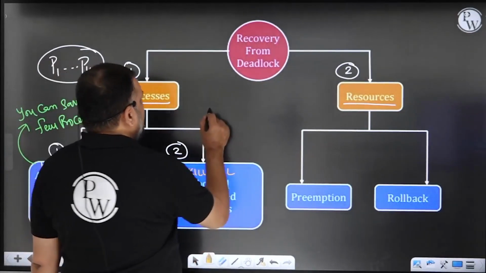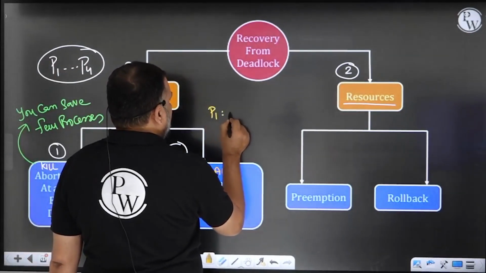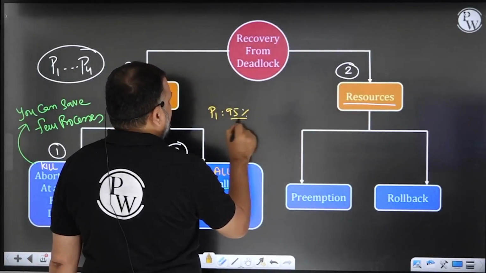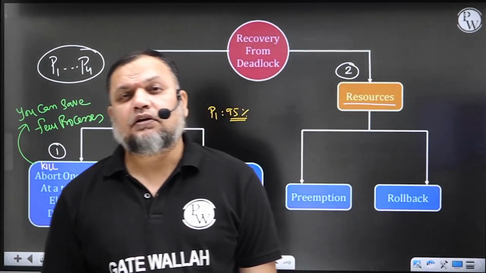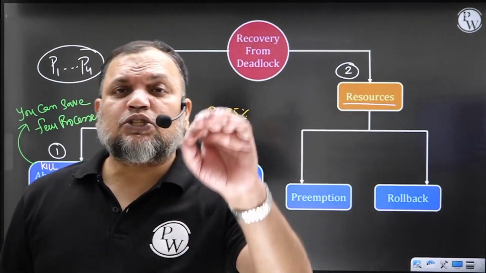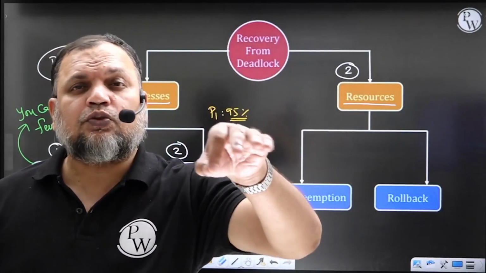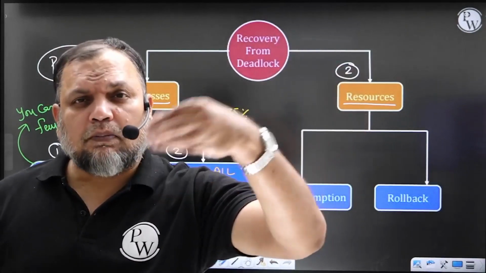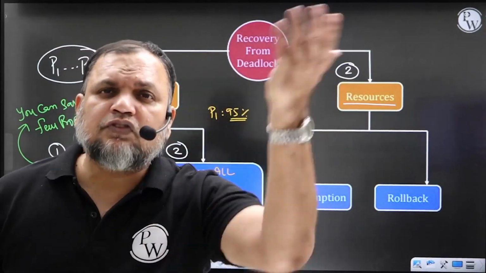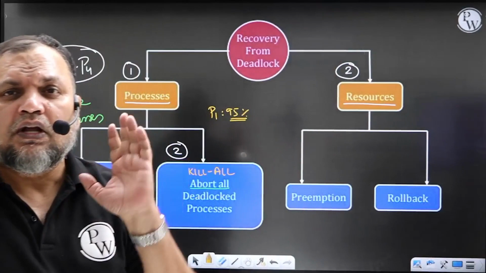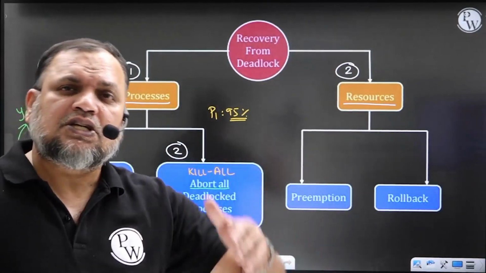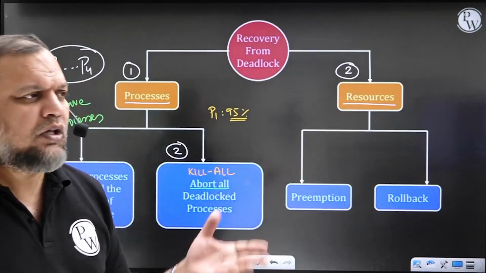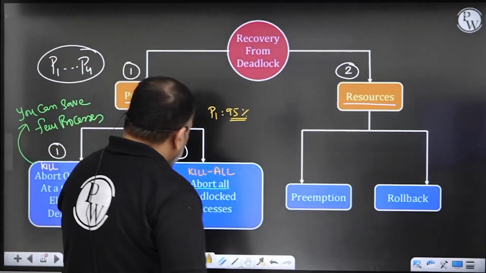Imagine one process P1, which was in deadlock, had completed 95% of its execution. If you kill this process, you have to restart it again. It was about to complete, and you are killing it. So 95% of the time the process has used the resources, all that goes to waste. That is a drawback of killing all.